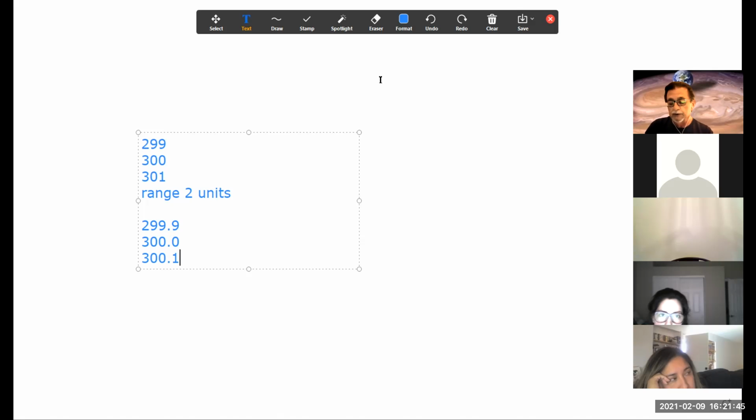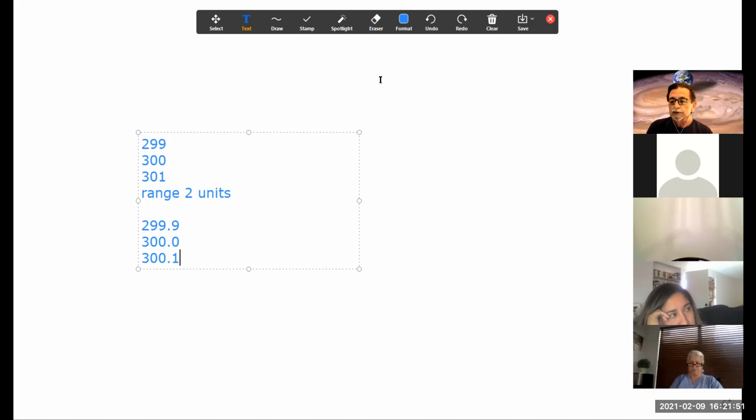The second one, if this is length, we could have measured maybe with a laser beam and get us to the 10th place. Okay, so that's the difference with respect to numbers, is that yes, 300 and 300.0 are the same number with respect to value, but they're different with respect to accuracy. Okay. All right.